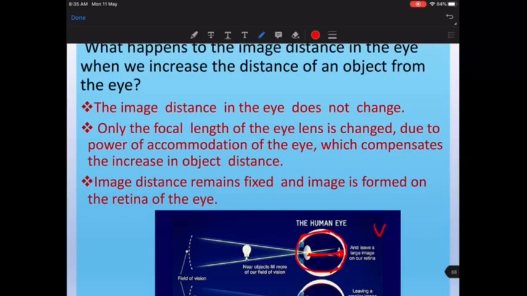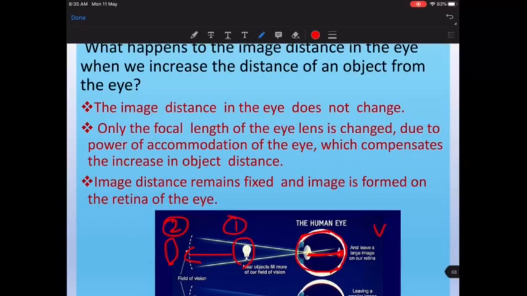So what happens to the V? You have to tell me, can this distance between the lens and the retina ever change? Because the eye is going to be the same. The size of the eye is the same, right? So can that distance change? No, that distance will remain the same.